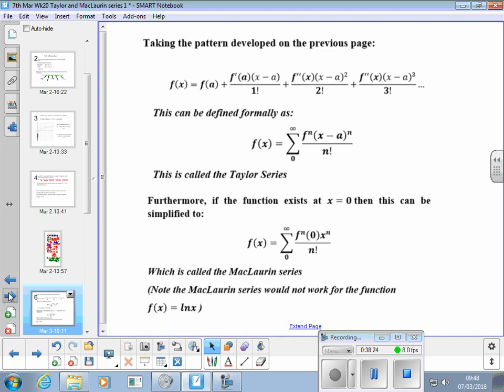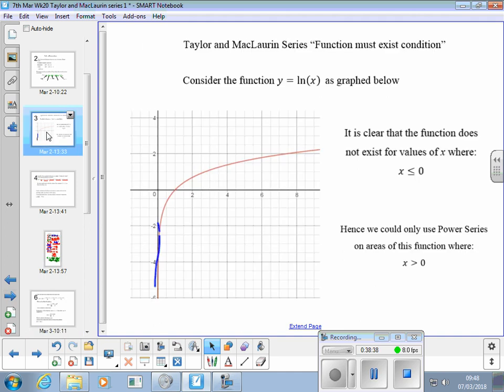But the Maclaurin series only works if the function exists at 0, where x is equal to 0. You can't use it if the function doesn't exist. So the Maclaurin series would not work on that y is equal to ln x function. It'll only work if it's got a value that doesn't give you an error on your calculator when you allow x to equal 0.